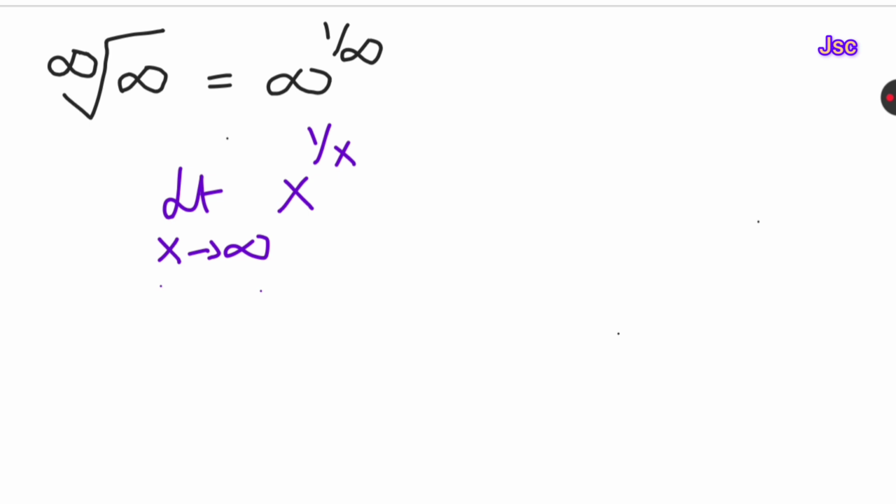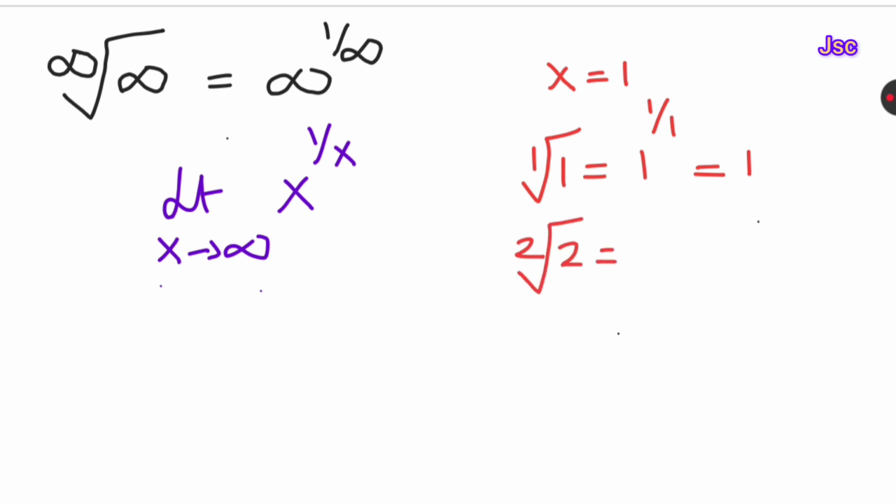Now, let's take a closer look at the expression x raised to the power of 1 over x. Suppose we take x as 1, that means 1 root of 1. So we can write this as 1 raised to the power of 1 over 1. The value is 1. If we take x as 2, the 2nd root of 2, we can write this as 2 raised to the power of 1 over 2. The value is 1.414.